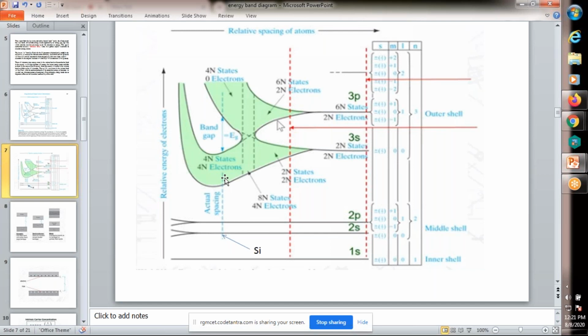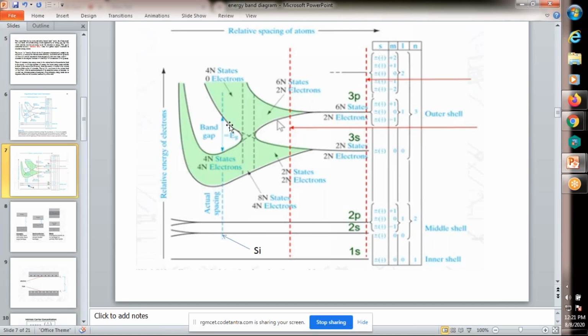There is another material, germanium, whose band gap is less than the silicon band gap. Silicon is 1.1 electron volt, whereas germanium, another semiconductor material, is 0.68. That means its energy band gap is less than that of silicon.